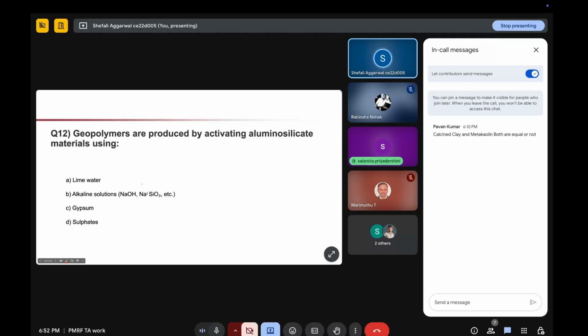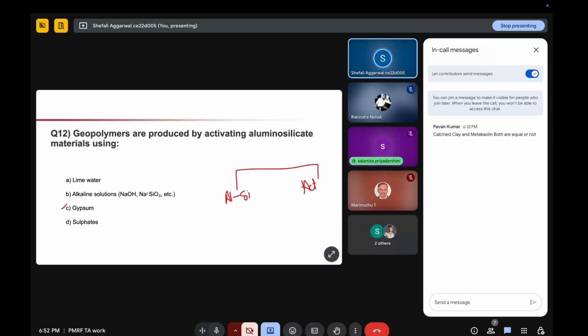Geopolymers are produced by activating aluminosilicate materials using lime water, alkaline solution, gypsum or sulfates. In geopolymers we talked about two things: one is aluminosilicates and the others are activators.